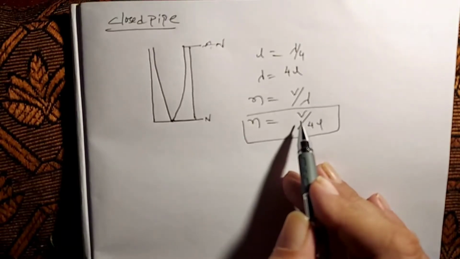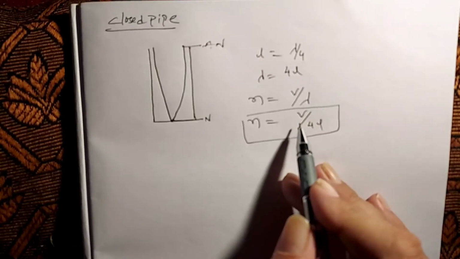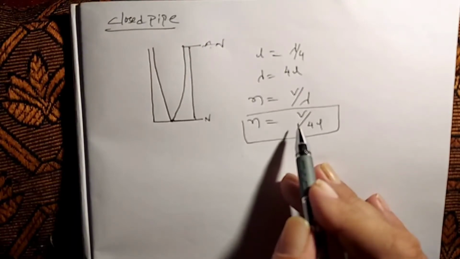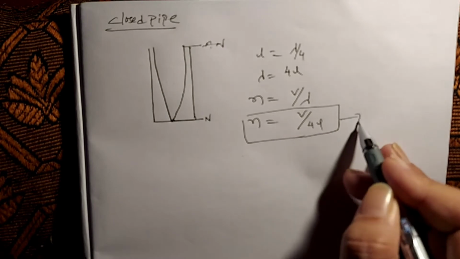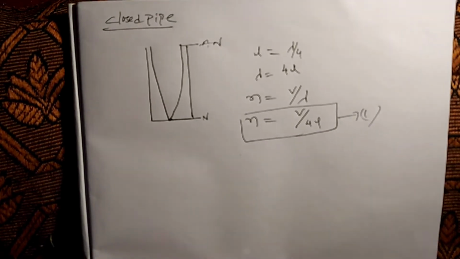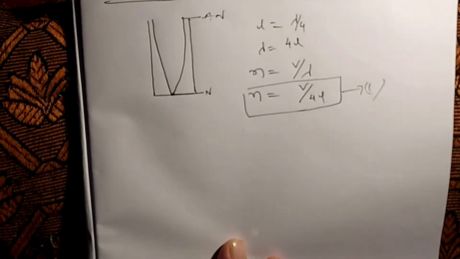This is not a transverse wave. In the previous question we replaced V by square root of T by M because that was a transverse wave formed in strings. So the velocity of a transverse wave in strings is V is equal to square root of T by M. This is equation 1. So we discussed the first mode of vibration.